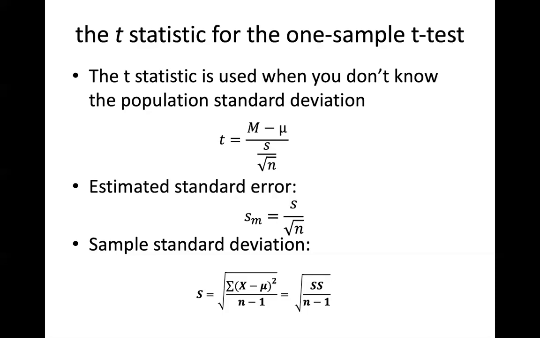And I don't usually know the music perception abilities of all American adults. And I don't know the standard deviation of that either. And so this one sample t-test is used when you don't know the population standard deviation, in which case you use the sample standard deviation instead, but you can infer the population mean using probability theory.